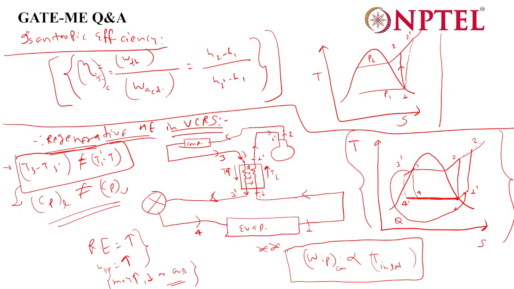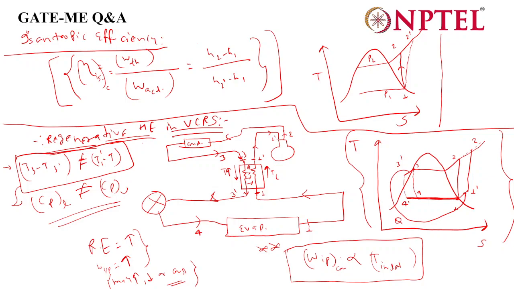Simultaneously, the exit of the condenser is the third point. First point is the exit of the evaporator, just entering the heat exchanger, and this is the third point.